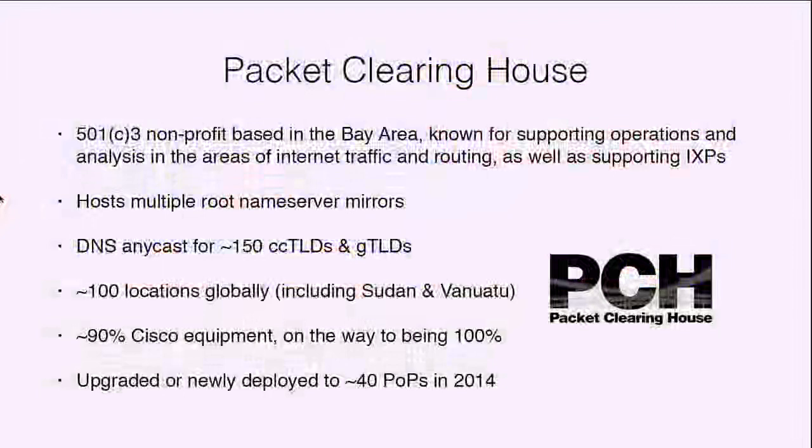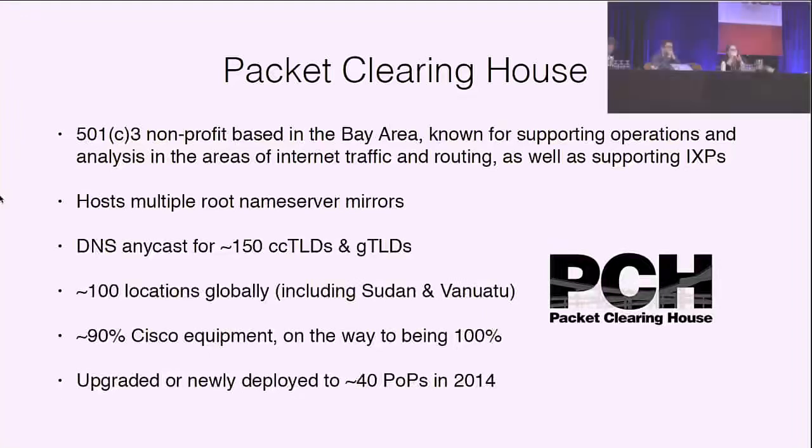So Packet Clearinghouse, some of you probably know it, some of you might not. It's a nonprofit based in the Bay Area, and we do a lot to support internet traffic and routing, research and operations, and we support a lot of internet exchange points around the world, particularly in the developing world. We do DNS Anycast, we do root name server mirrors.